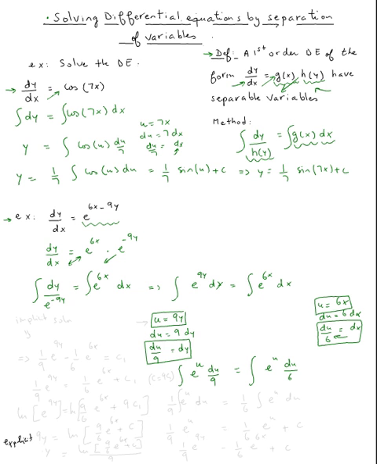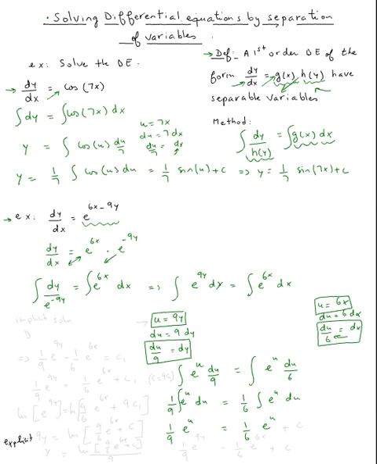Now I'm going to take the constants outside. 1 over 9 integral of e to the u du is equal to 1 over 6 integral of e to the u du.